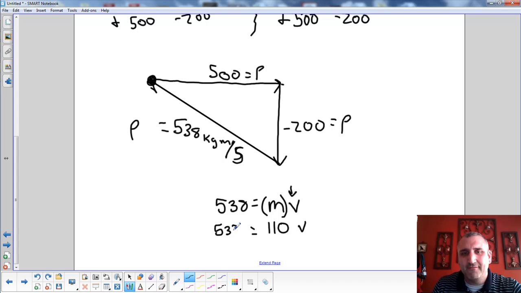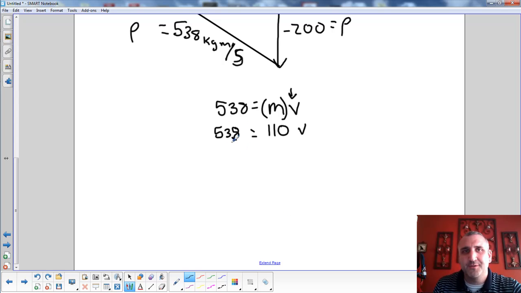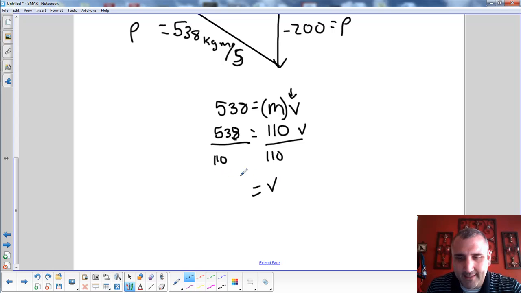So 538 equals 110 v. 538 kilogram meters per second equals 110 kilograms times the velocity. Divide both sides by 110. And you should get a velocity that is 5.13 meters per second.